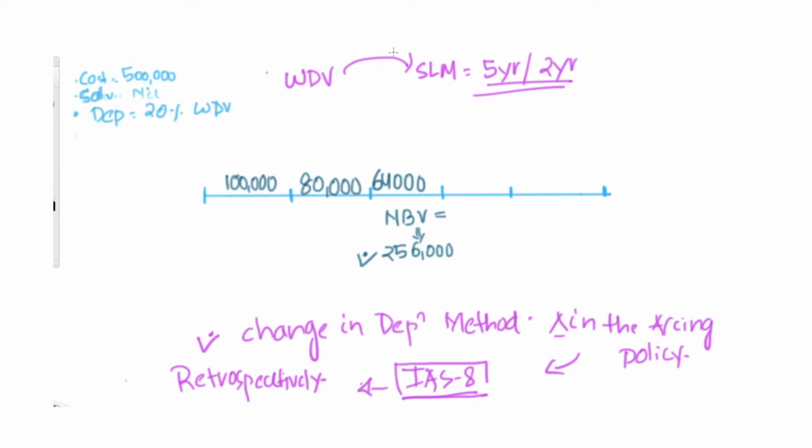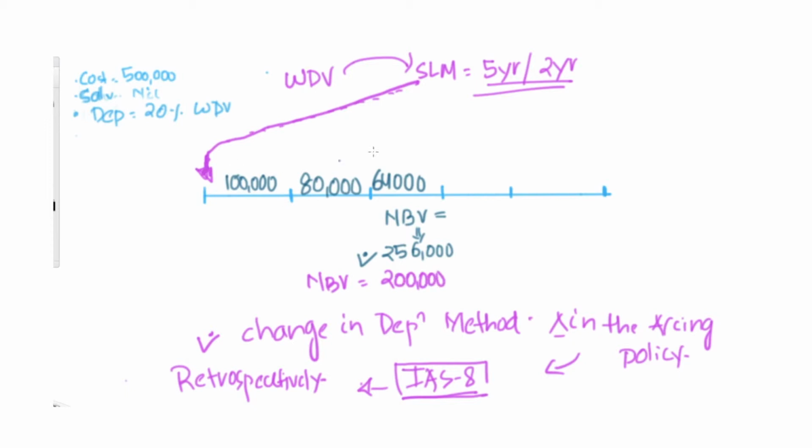Now, how to account for the change in the depreciation method? We need to apply straight line method since the date of inception. From year zero, we need to apply straight line method. If we would have applied straight line method at the end of third year, the net book value would have been $200,000.